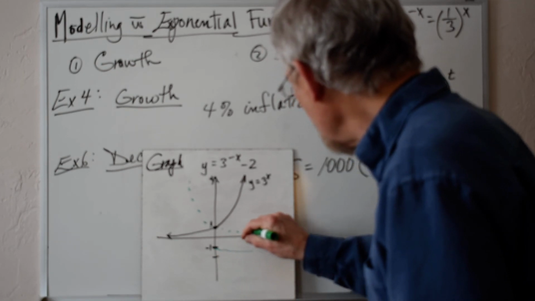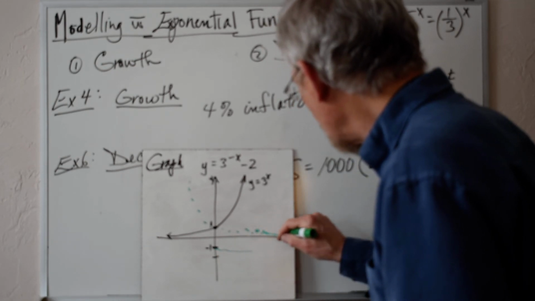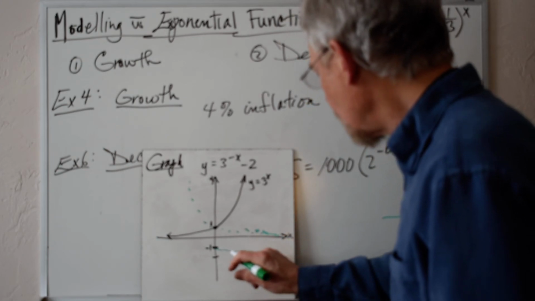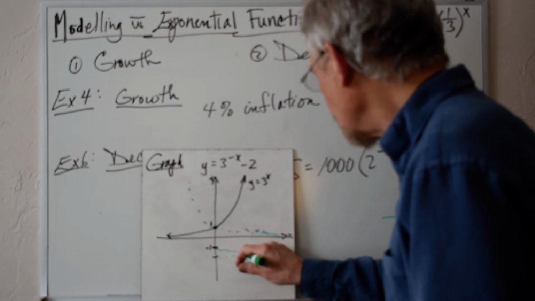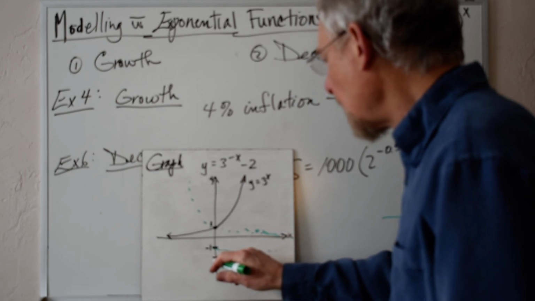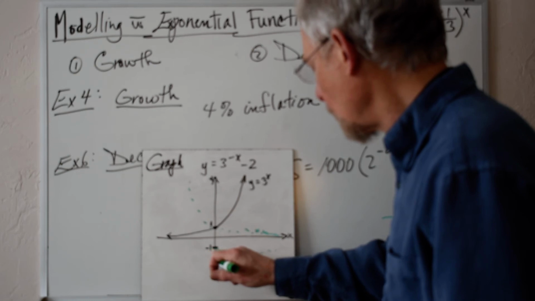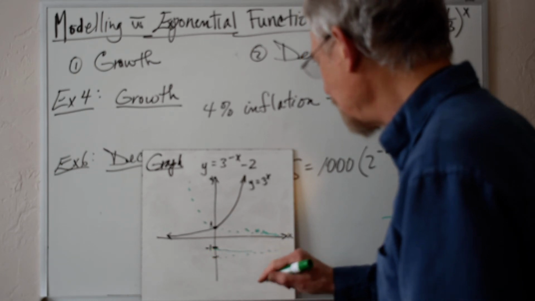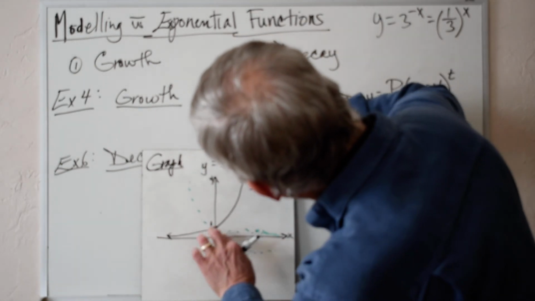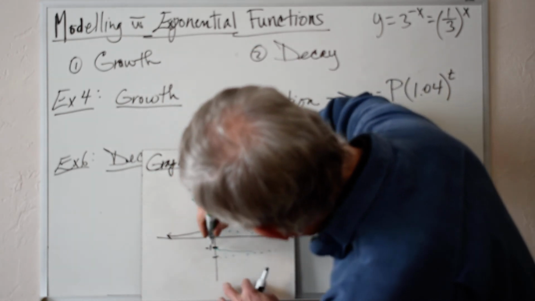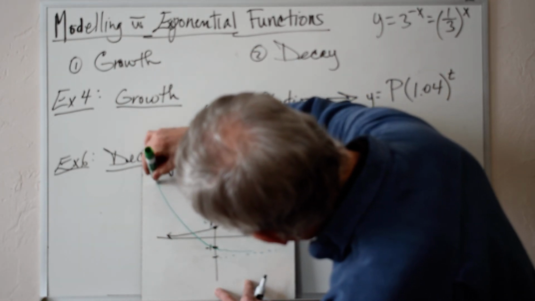And this curve here, its horizontal asymptote was the x-axis. Now, the horizontal asymptote will be y equals -2, right? This horizontal line here at -2. The rest of the curve will be just shaped like this, but of course going up.